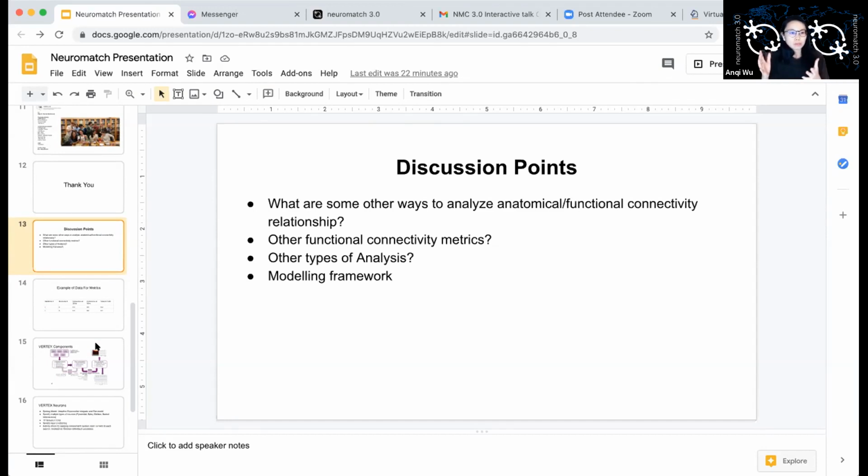Given the structure you build, how did you get the functional information that is different from the structural connection that you build? Because usually when the weight is strong, then presumably your functional signal should be strong, that is very correlated with your anatomical connection. So is that true, or is it actually different?